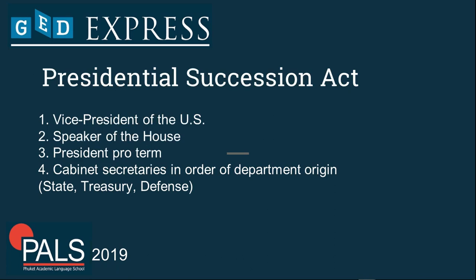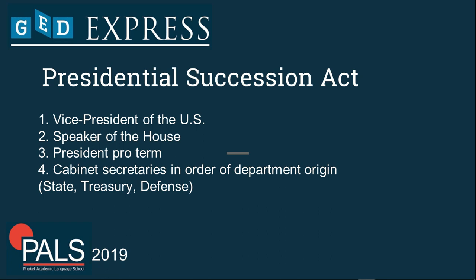Now we are going to study the Presidential Succession Act. The Vice President of the United States of America is very important because if the president is not doing well with his job, or he might have an accident, or something else is going on, then the replacement will be the Vice President.